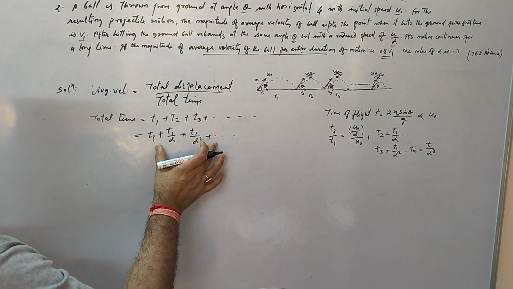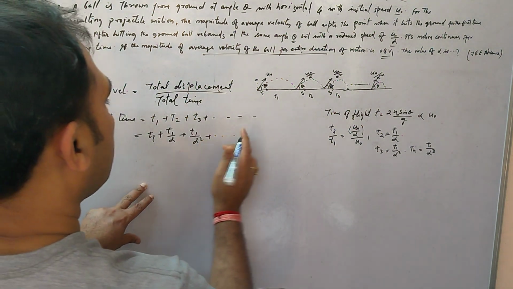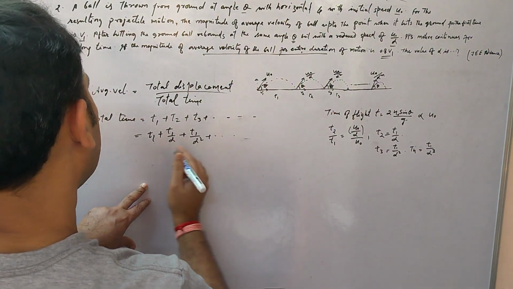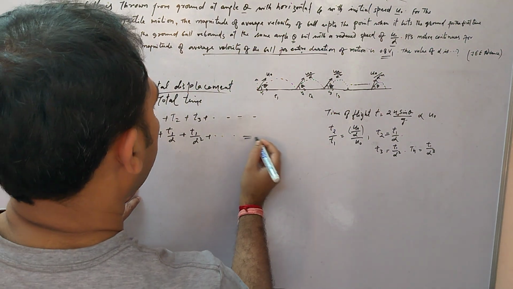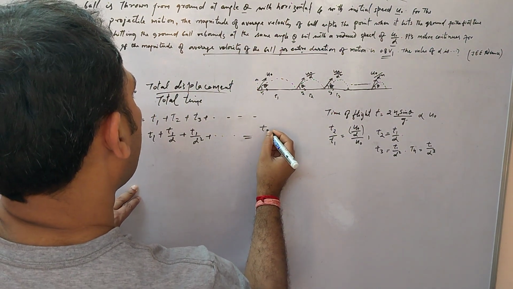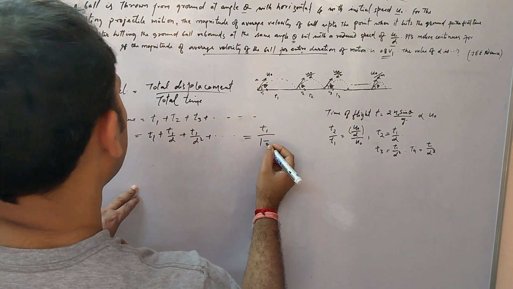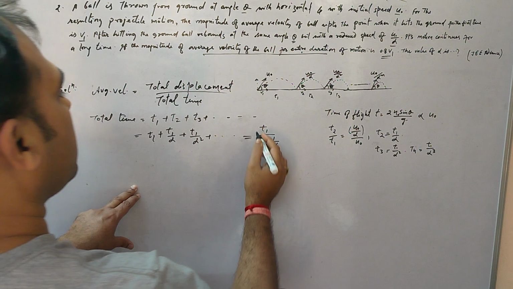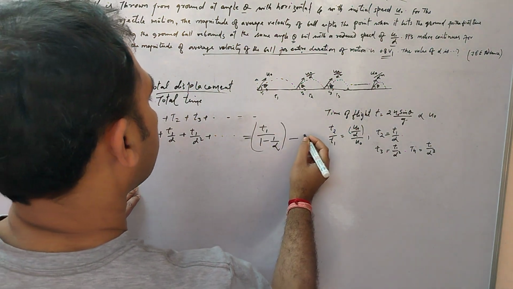This is a geometric progression, so the sum will be equal to t1 upon 1 minus 1 by alpha. This will be the total time.